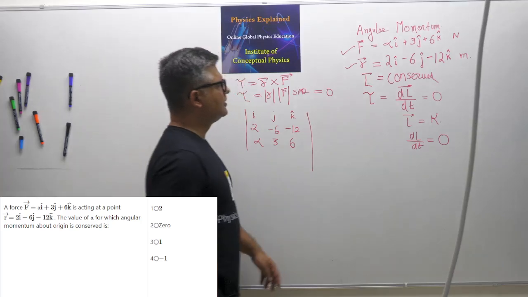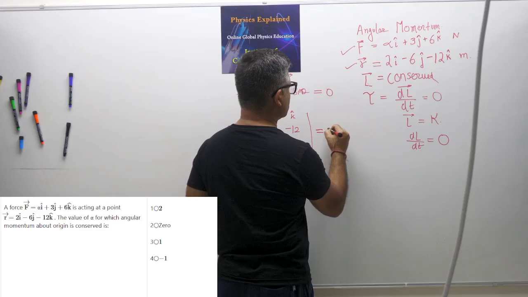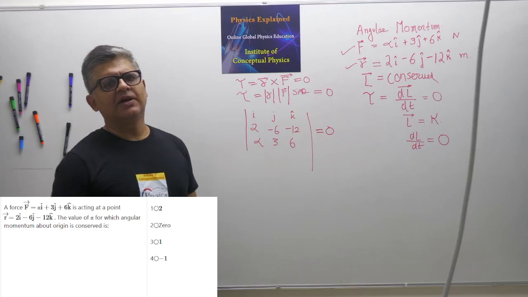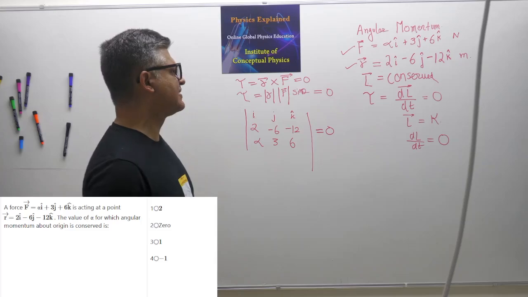Now we know torque is 0, so I'm going to put torque equal to 0. The vector product of R and F is 0, means the angular momentum is conserved.